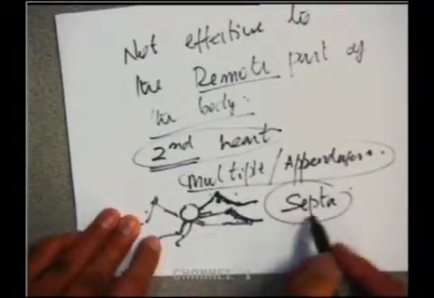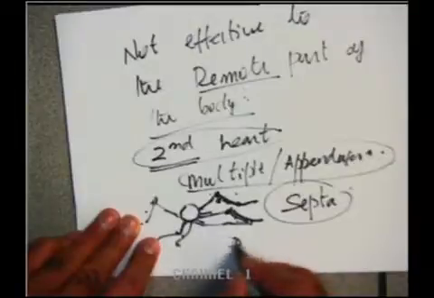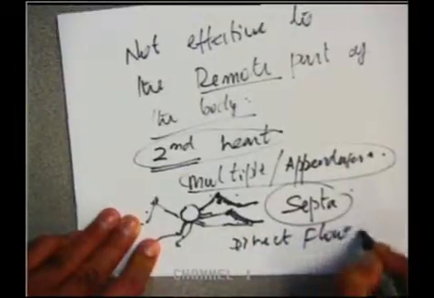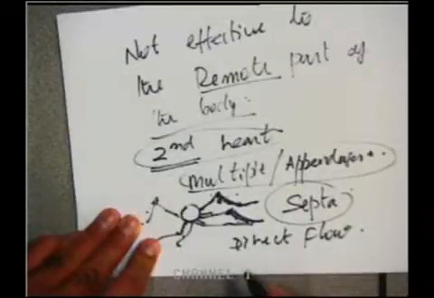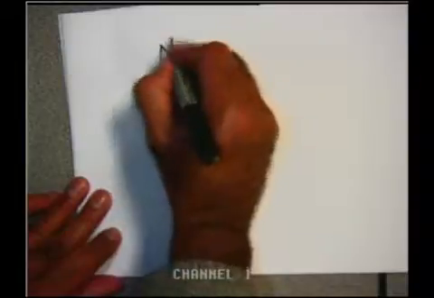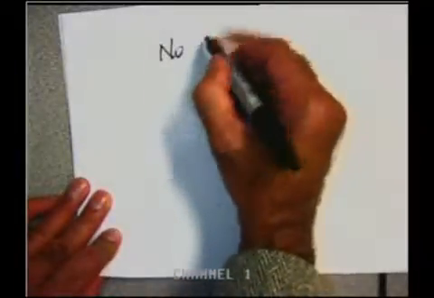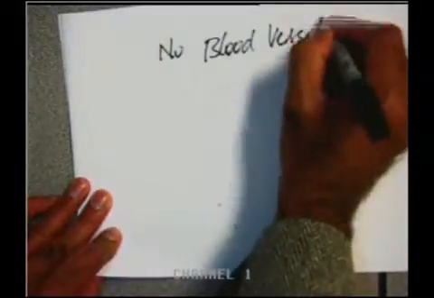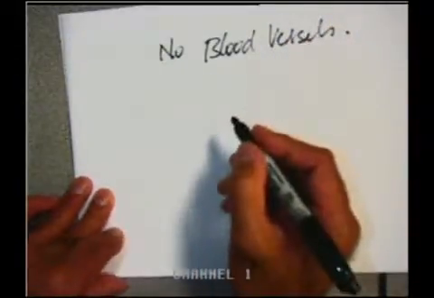So this part we call direct flow using the septa. And there are no blood vessels here. Did you find any blood vessels in this open circulatory system? No blood vessels. Everything is in the body cavity.